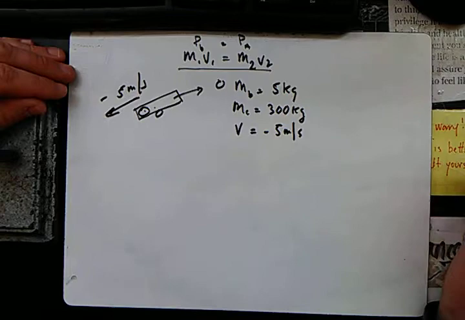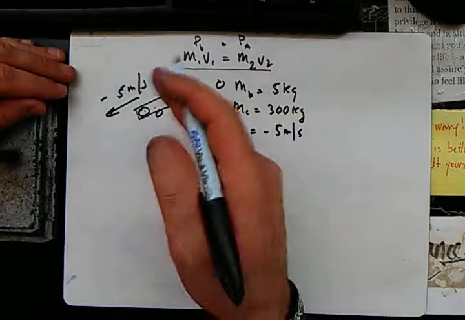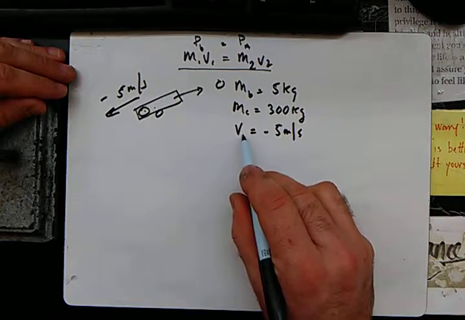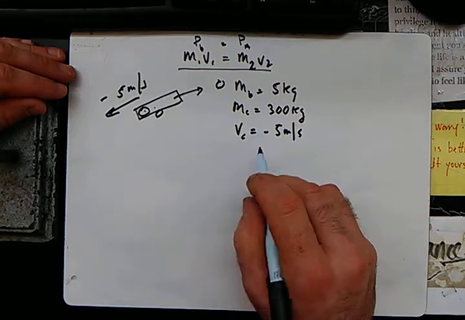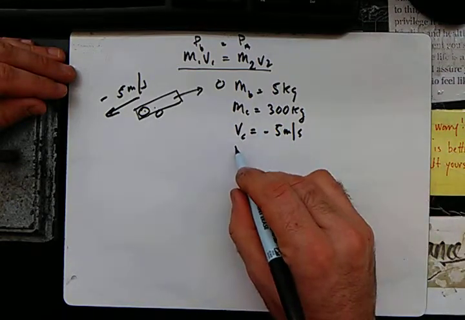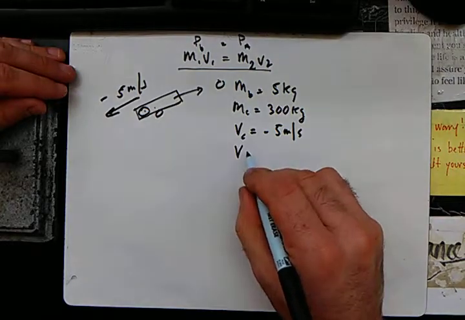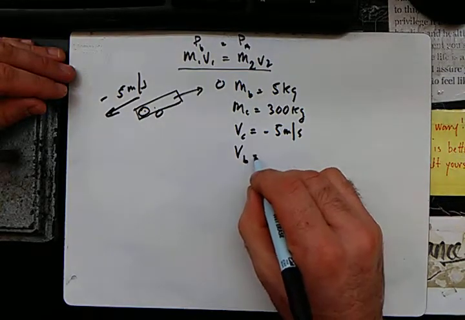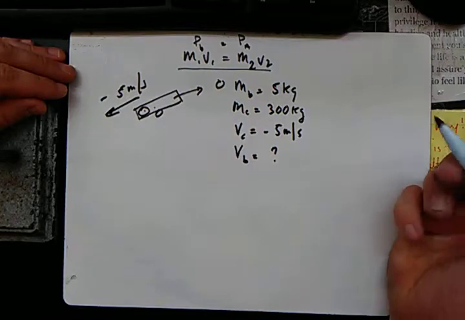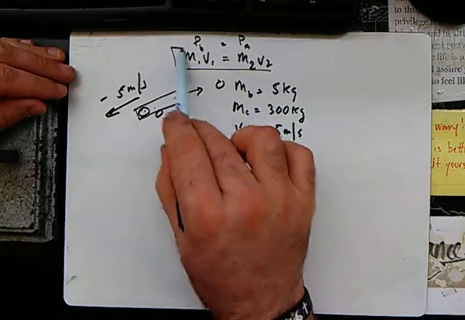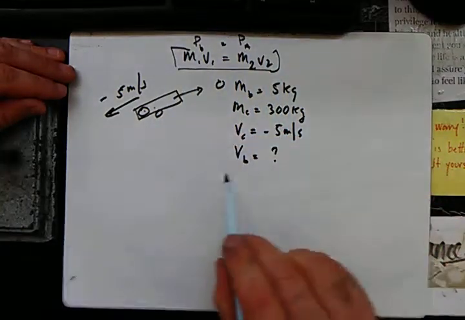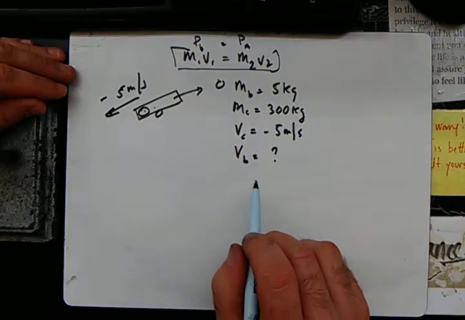If you've ever shot a gun or anything like that, you know that there's always a recoil. And it wants to know what the velocity of the ball, the cannonball, is. So we've got a rather simple equation which tells us that M1 V1 is M2 V2.